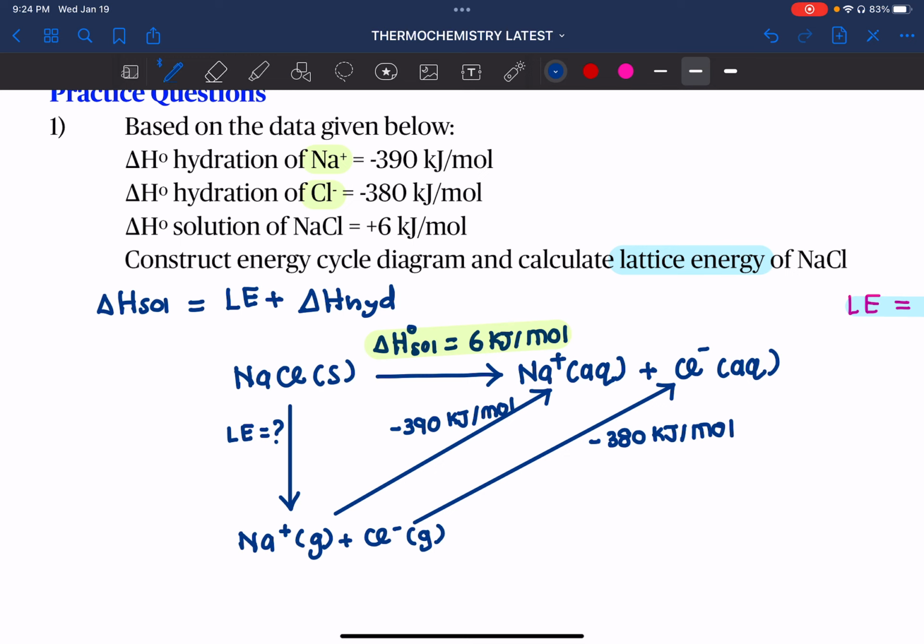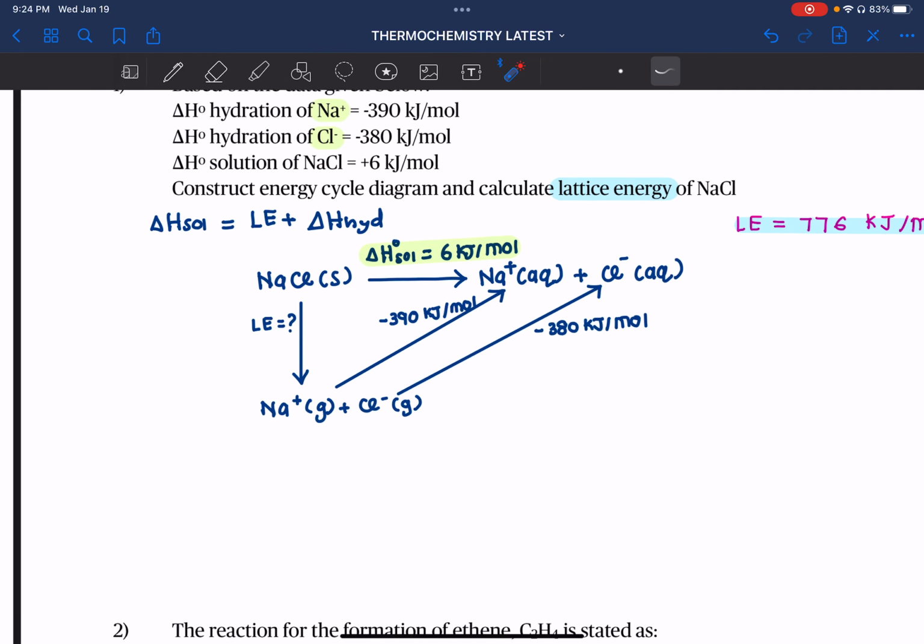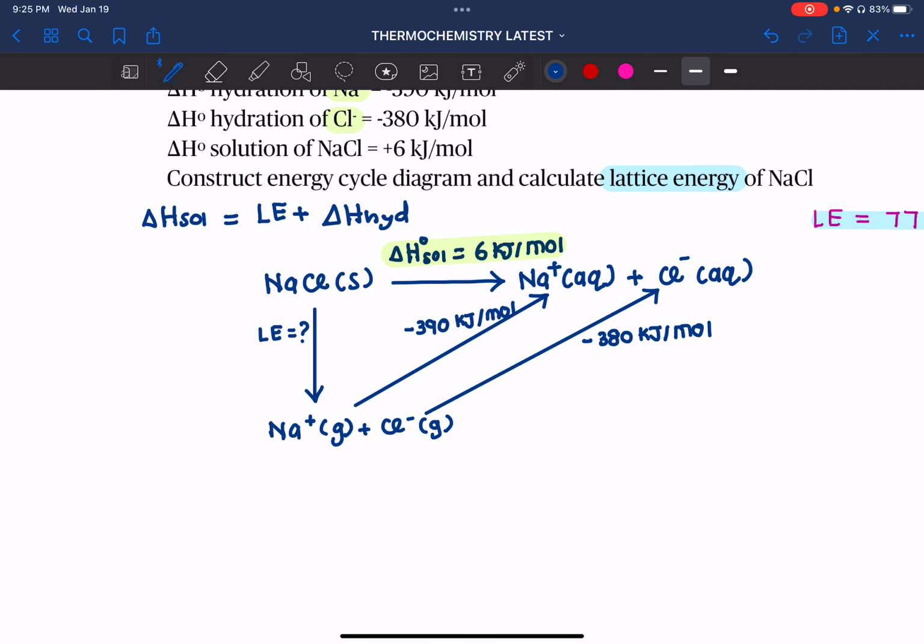Okay, so cuba awak tengok Hess's Law ni. The reaction can take one step or a series of steps. So anak panah mestilah menuju ke arah produk. Now, enthalpy of solution kita adalah 6 kilojoule. 6 equals lattice energy, that is what we want to find out, plus negative 390 plus negative 380.